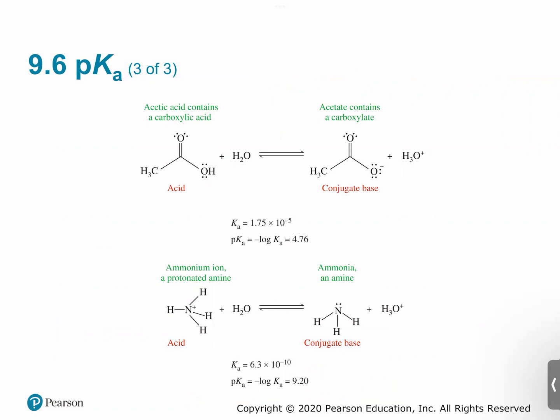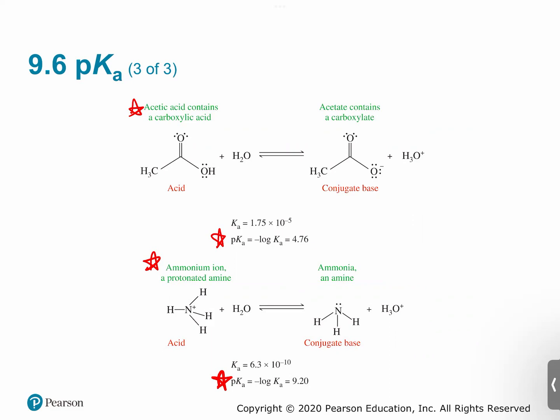This is just kind of a comparison to show you the differences in reactions with acetic acid versus this ammonium ion. So if you're trying to determine, based on these reactions, where you have stronger or weaker acids, you can look at the pKa. And it will agree with kind of what you would already expect, maybe, where you have these charged functional groups.